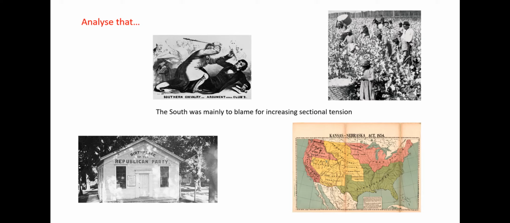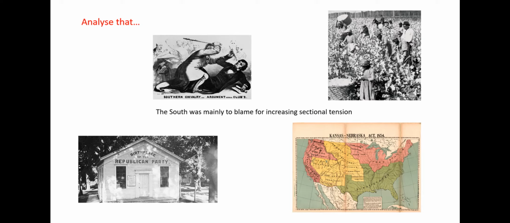And you could argue, given that slavery existed before the Republican Party and that the South's desire to maintain slavery existed before the Republican Party, that to say that it was the South that was mainly to blame for increasing sectional tension is ignorant of the fact that sectional tension increased markedly after the mid 1850s, and that sectional tension was so palpable because of the emergence of an avowedly anti-Southern, anti-slavery party in the Republican Party.